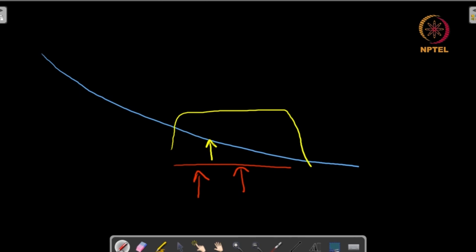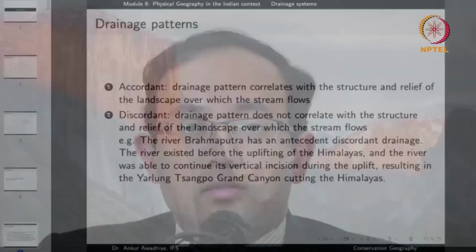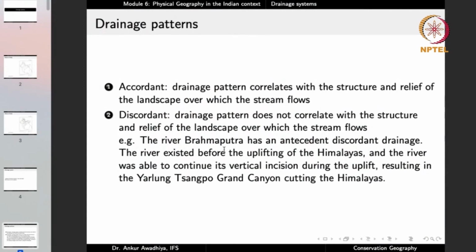And in certain cases, they are able to erode at such a high intensity that when this landscape is moving up, they are continuously eroding the area, and so they will create a very deep valley, typically a V-shaped, but in certain cases also an I-shaped valley.